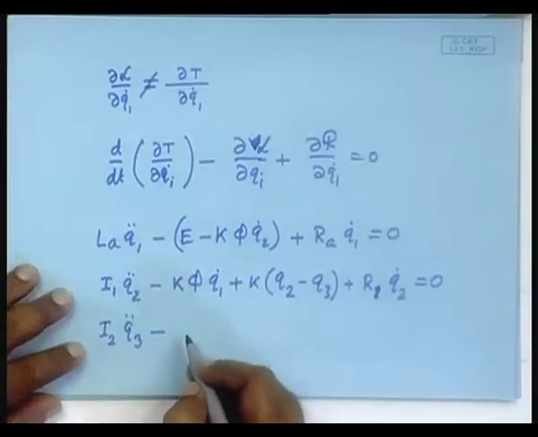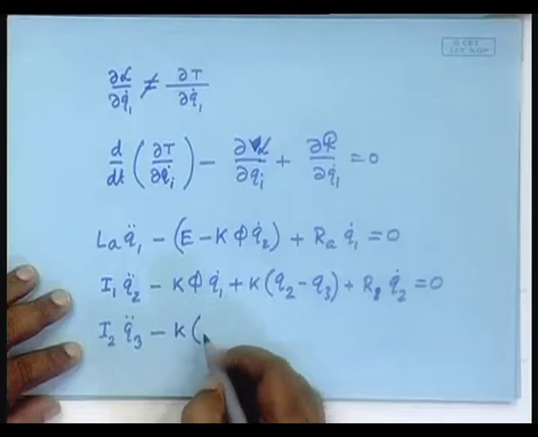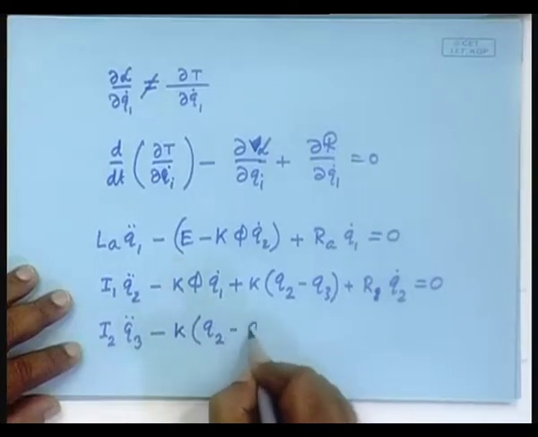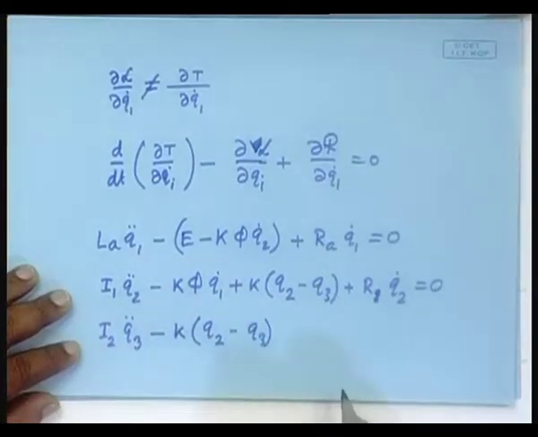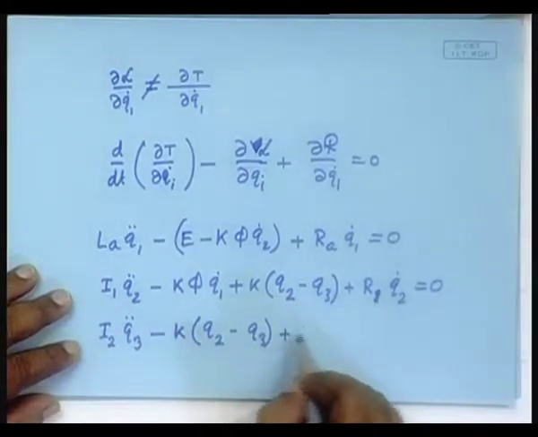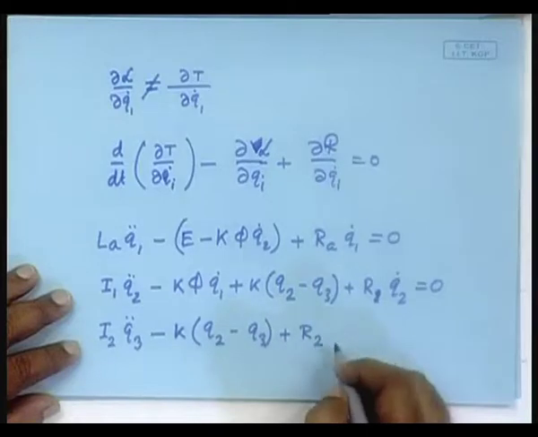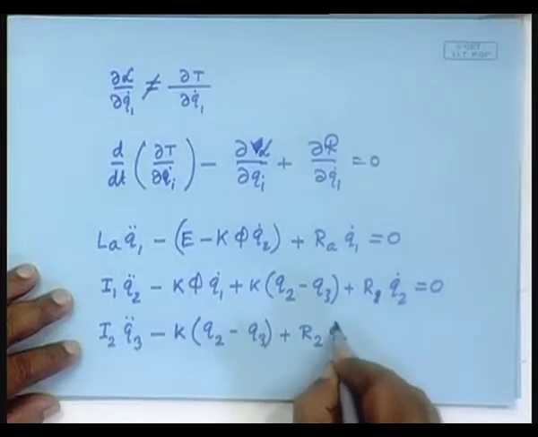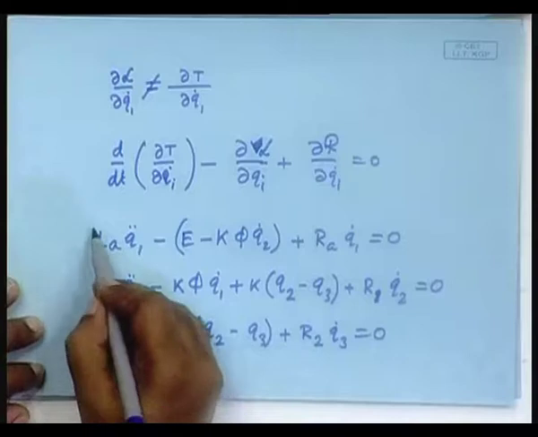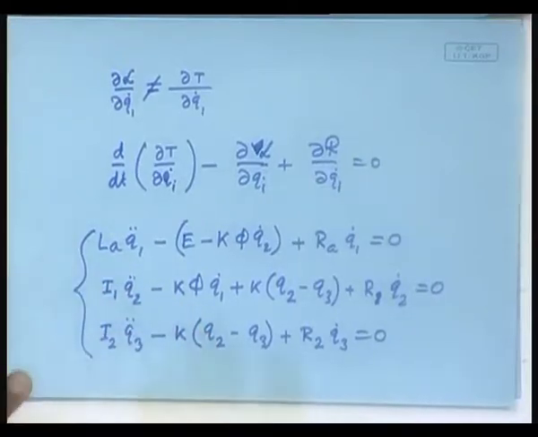It will be minus K (Q2 minus Q3), that does the potential part, plus the Rayleigh part, it will be plus R2 Q3 dot equal to 0. So, these three are the Lagrangian equations, fine, but we want to derive it in the first order, and we have already derived it, we want to see that we are doing it right.